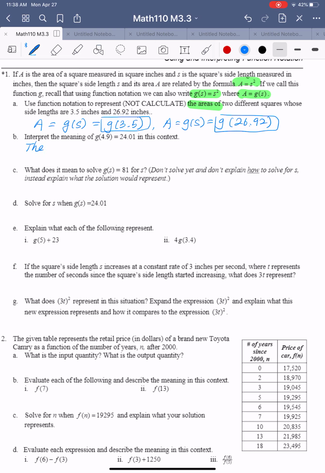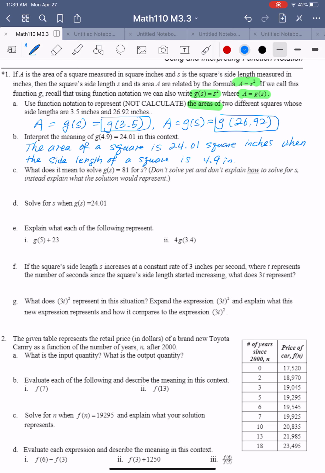The area of a square is 24.01 square inches when the side length of a square is 4.9 inches. Okay, so that's a full sentence.